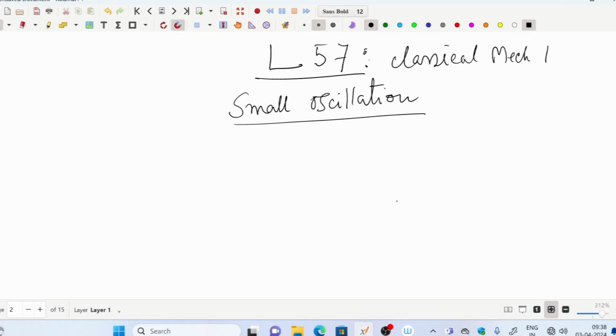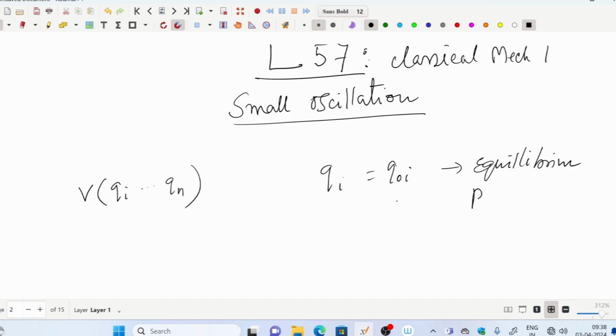So, for that, let me define the things we defined yesterday. We consider a potential which is a function of n generalized coordinates, where qi equal to q0i is the equilibrium position of the system.